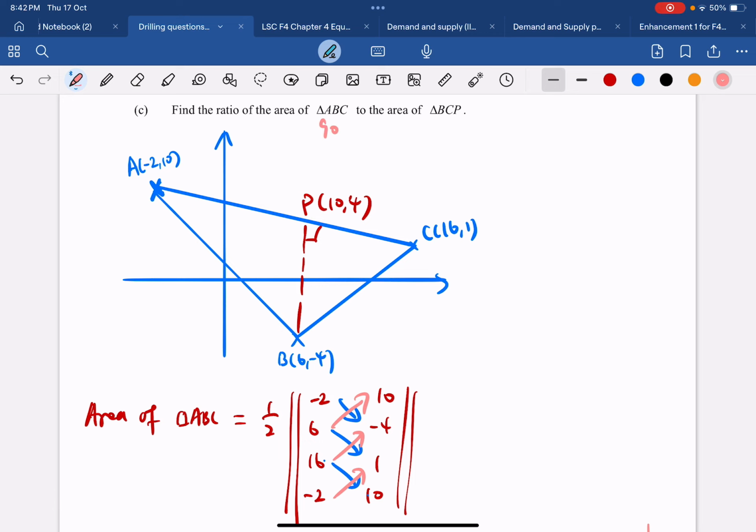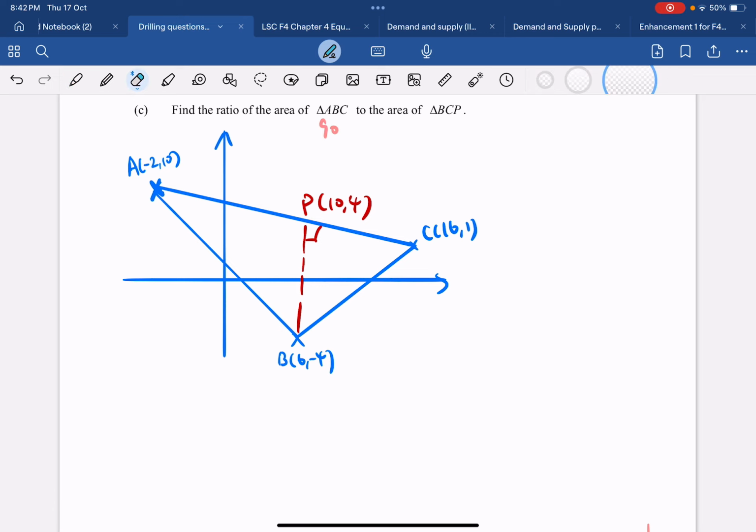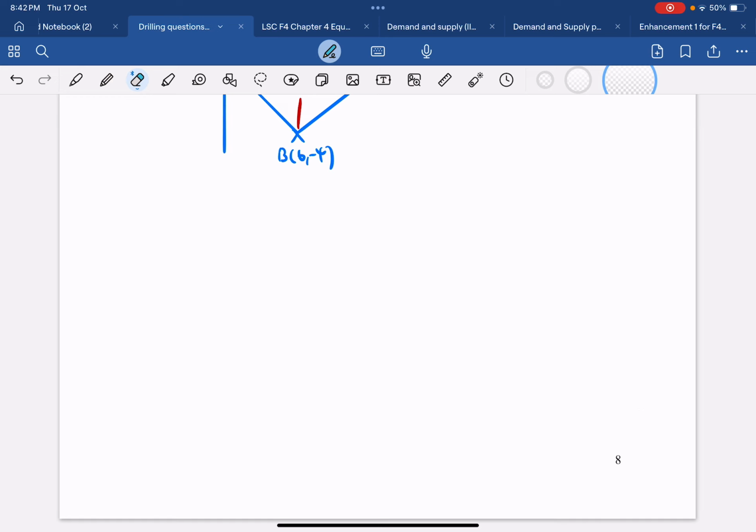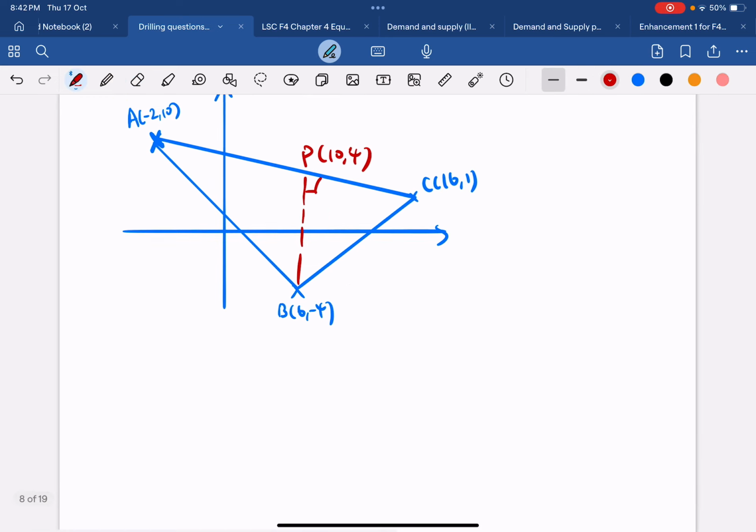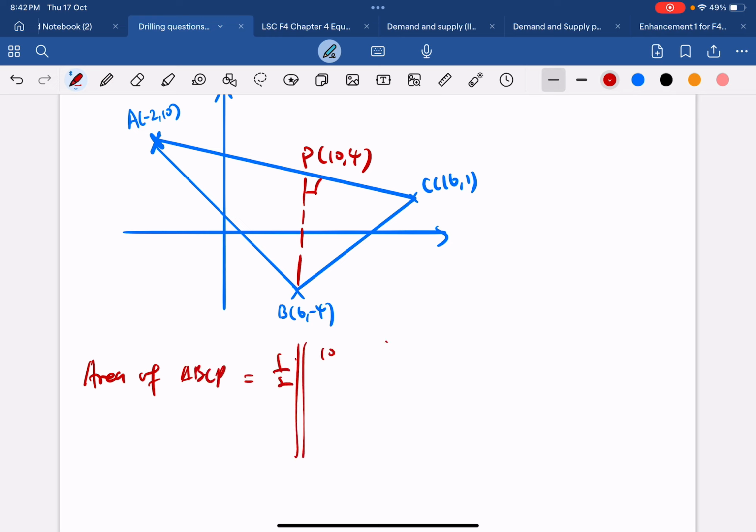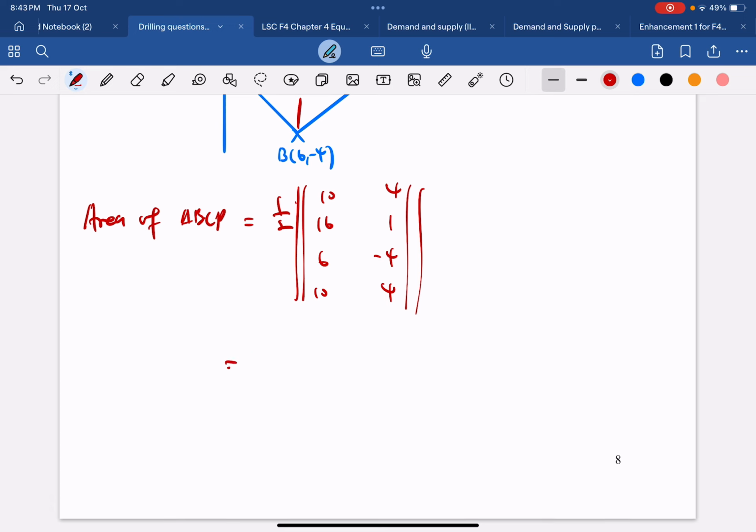So let me erase this first. I don't have enough space. So area of BCP. Again, 1 over 2, and then you copy all the coordinates. Diagonal down is plus. So 10 times 1, plus 16 times negative 4, plus 6 times 4, which is 24.